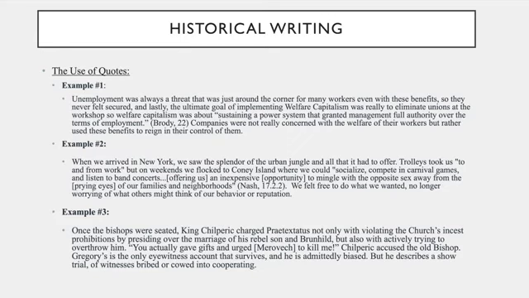Quote, you actually gave gifts and urged Merovic to kill me, unquote, Chilperic accused the old bishop. Gregory's is the only witness account that survives, and he is adamantly biased, but he described a show trial of witnesses bribed or cowed into cooperating.